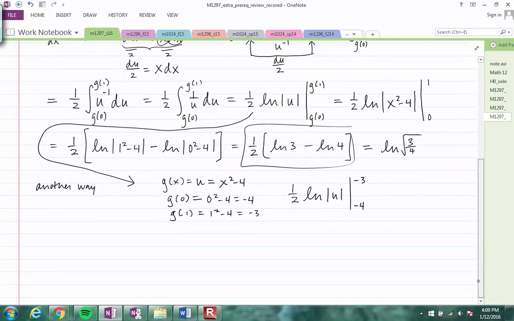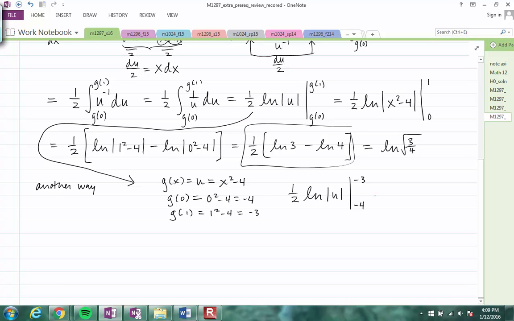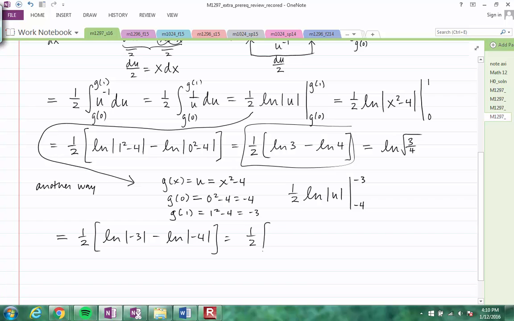Always. So now looking at this, everything is in terms of u. And so you do not want to go back to x. You're just going to plug in your u values and call it a day. So you have ln absolute value of 3 minus ln absolute value of 4. So we have 1/2 times ln 3 minus ln 4. So same thing as before, as it should be.